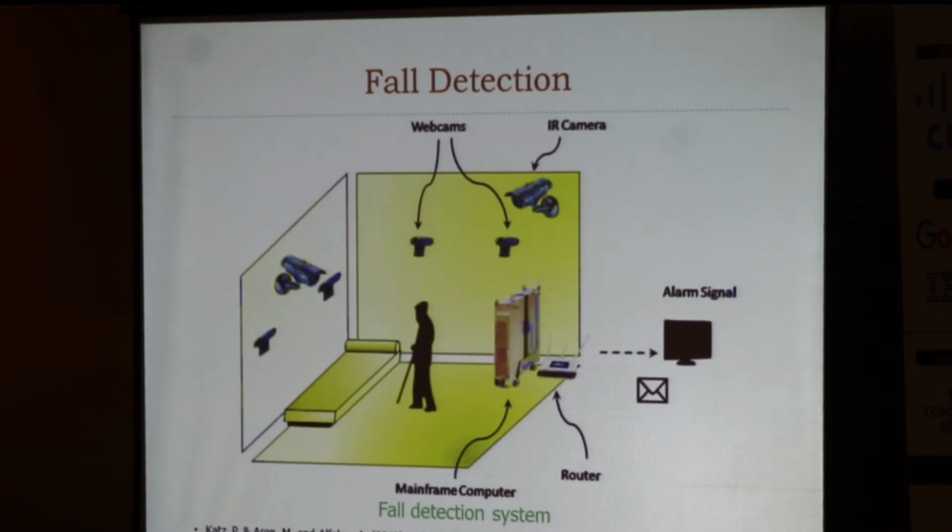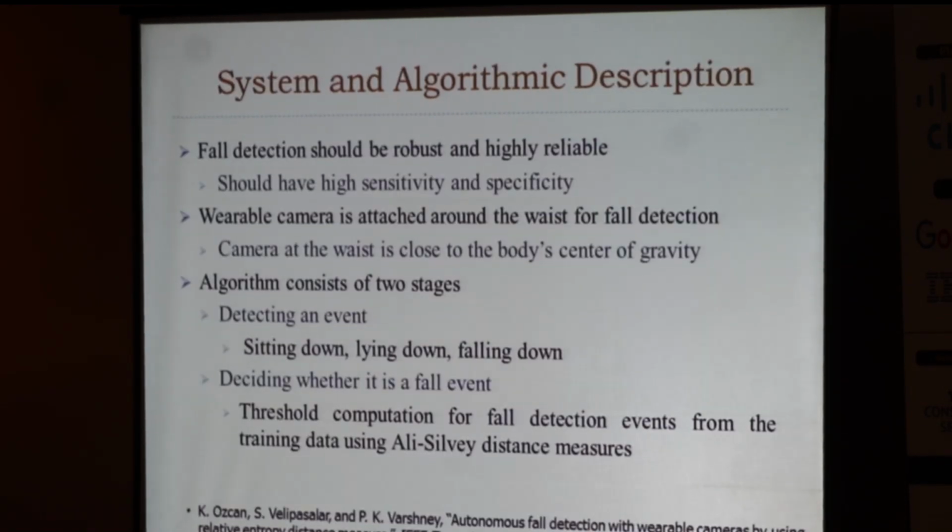One of my brilliant colleagues, Senem Velipasalar, came up with the idea that instead of being watched, the person should wear a camera. If you put a camera here and you're walking around, you are watching other people and invading their privacy, but your own privacy is not being violated. That's what she did, and that's what we did then.